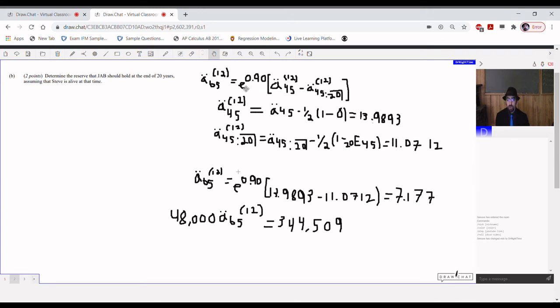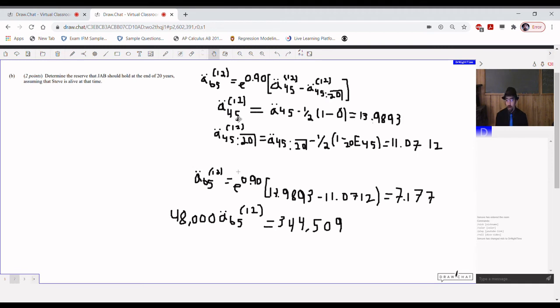So you'll notice that's going to be e to the minus 0.90, that's 20 years of discount, times A double dot 45 compounded monthly minus A double dot 45 colon angle 20 compounded monthly. That's just everything for the full year, for everything starting from when you're 45, minus the amount that was already accounted for in those first 20 years.